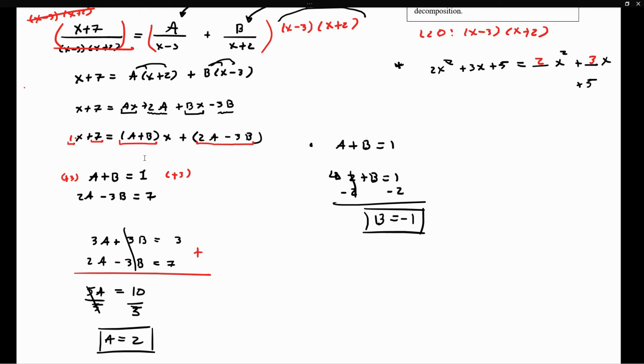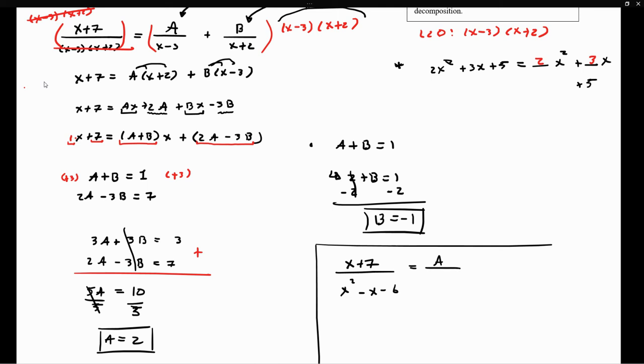So if we go back to our setup that we had initially, let me just rewrite the setup here. Remember that our setup was that x plus 7 divided by x squared minus x minus 6 was equivalent to some a divided by x minus 3 and some b divided by x plus 2.